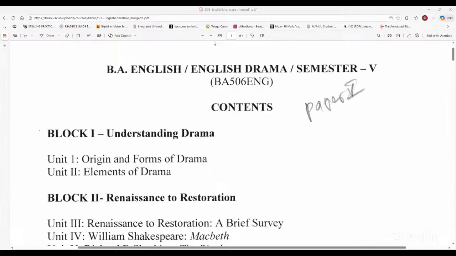Those performances in the form of burra kathas, right, or performances based on Ramayana and Mahabharata, are forms in which the earliest dramas were performed.